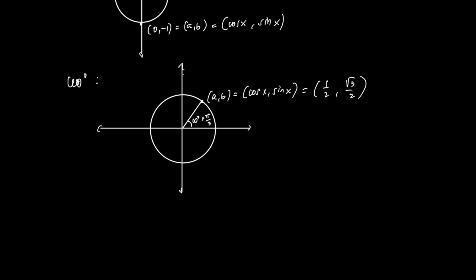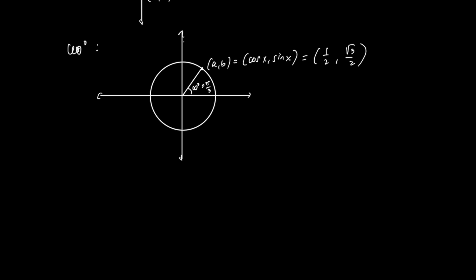Okay, and the multiples of 60 degrees, use another color here. Actually, this line here and this line here are symmetric through the positive y-axis. So this point here, which is AB, that's cos x, sine x. And what angle is that?